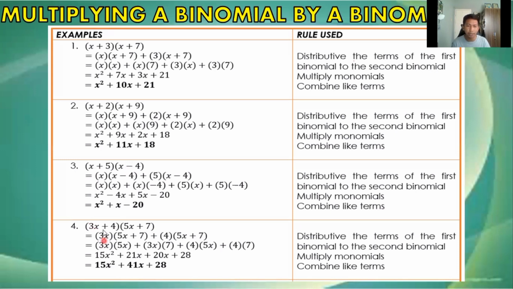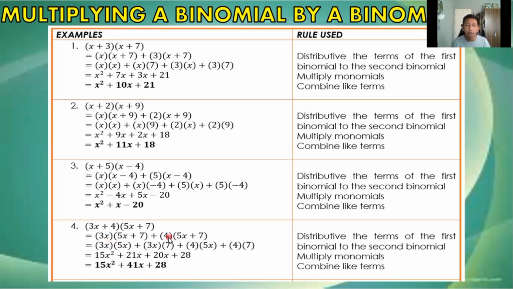So 3x, the first term of the first binomial, we multiply it to the second binomial, that is 5x plus 7. The second term, 4, is also multiplied to the second binomial, 5x plus 7. After that, multiplying monomials, we have to distribute 3x times 5x and then 3x times 7.